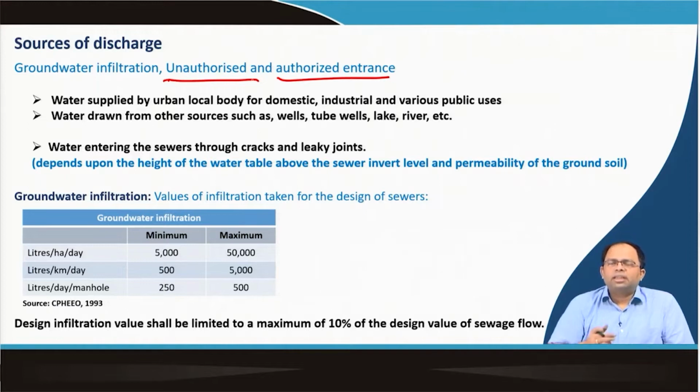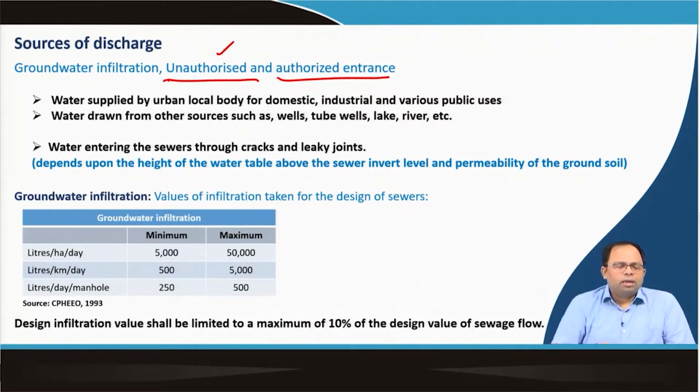Authorized entrances means connection to the sewer pipeline from authorized people or residences or businesses and so on, and then there are unauthorized connections. That means people will connect them, but there is no record of that particular connection because they have done it on their own. So, this is actually a problem, that means this needs to be monitored, but this happens in almost all cities.